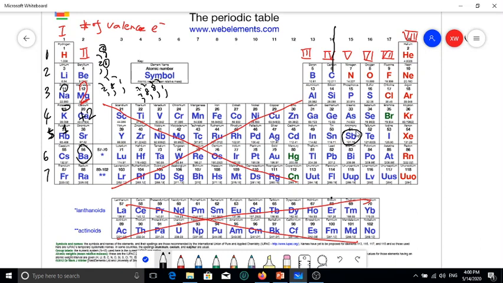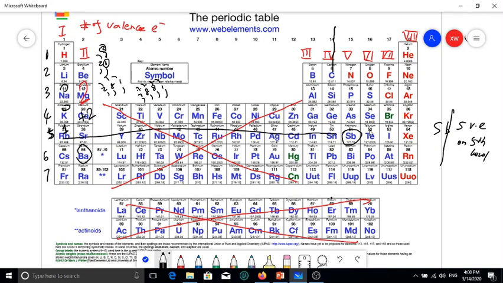That's right, it's in group 5, so Sb has 5 valence electrons, and its period number is 5, so they're on the 5th level. 5 electrons on the 5th level.